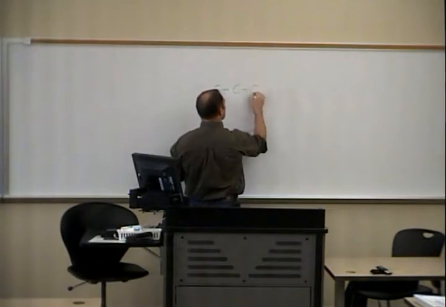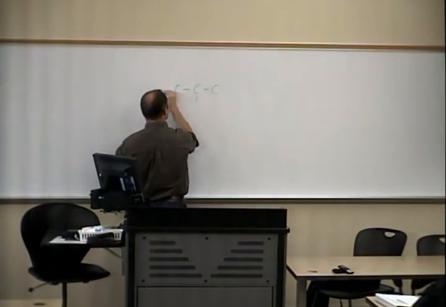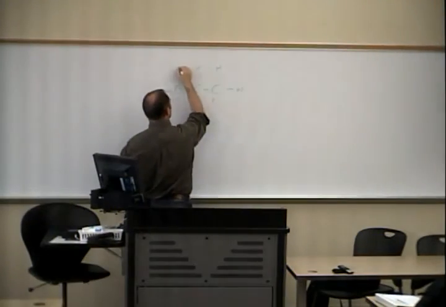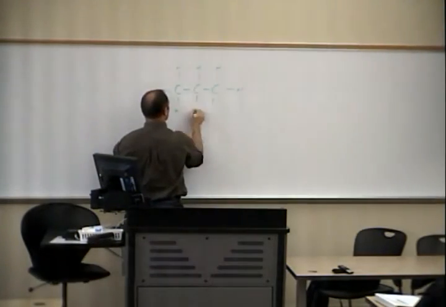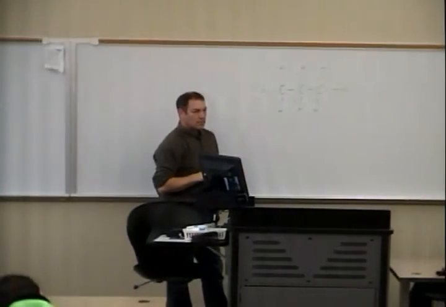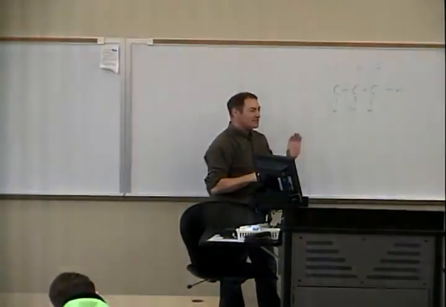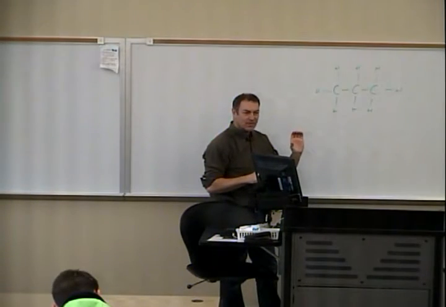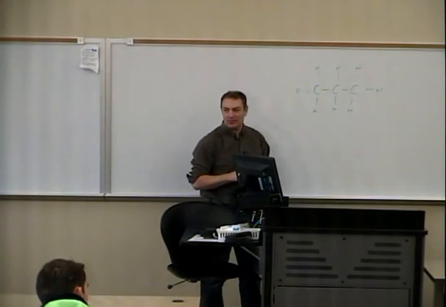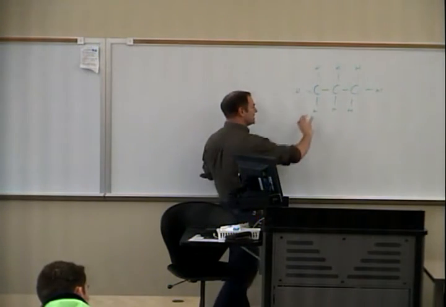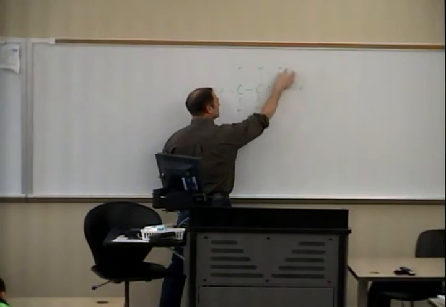Now remember, I know I've said electrons exist as shells, but that's more as a concept. Electrons exist as clouds, don't they? There's clouds of electrons around the hydrogens, and there's clouds of electrons around the carbons. But the electrons can kind of move around within the molecule. So sometimes the electron cloud might go to one side.